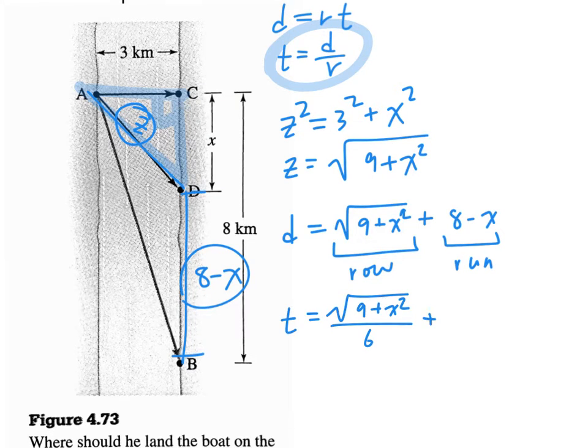The time he's going to run is 8 minus x, that's the distance, divided by the rate he's running, which is 8. We want that to be minimum. Take the derivative. I think this should be right. Double checking, yeah. All right, I'm just gonna give you the answer: 9 over square root 7.